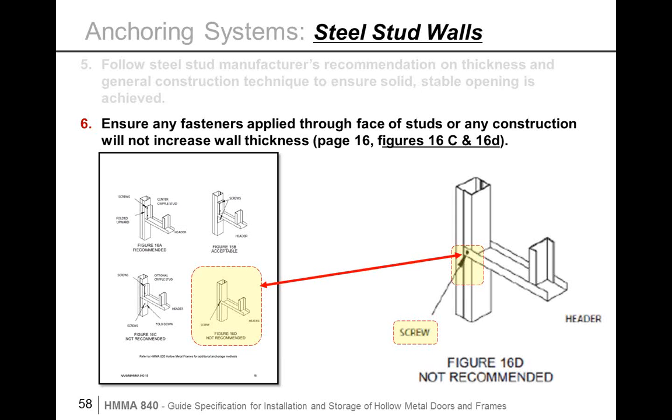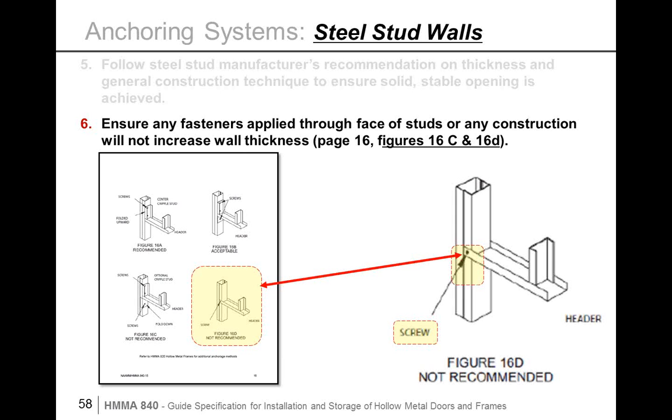This usually relates back to the installation and wall construction, where the contractor will put screws in the face of the studs to attach the studs. What this does is it affects the overall wall thickness. It provides interference with the anchors and wallboard.